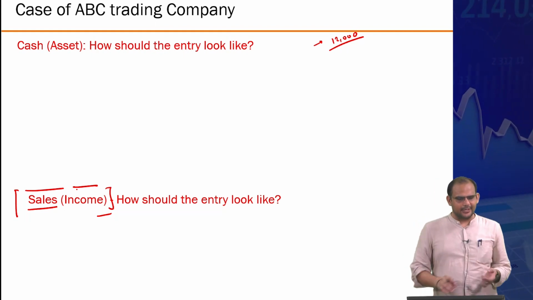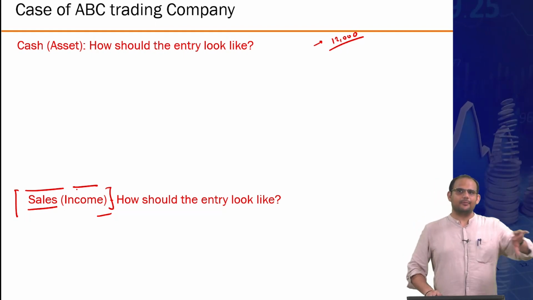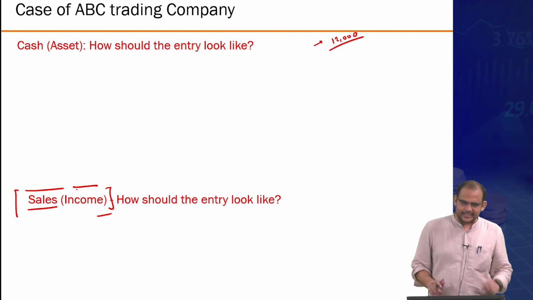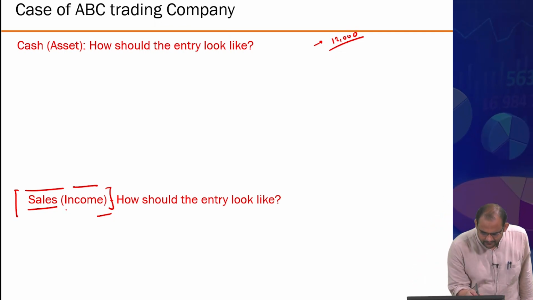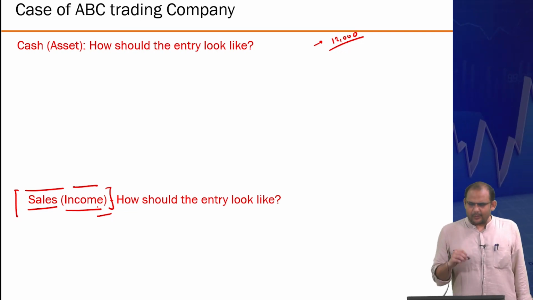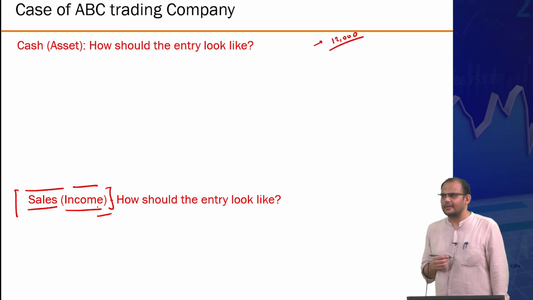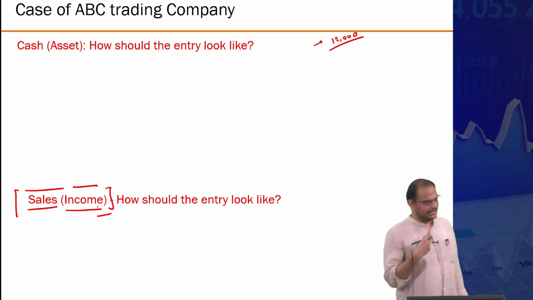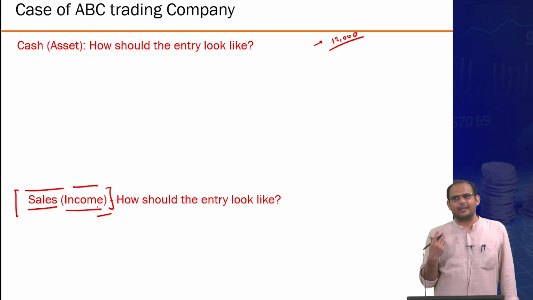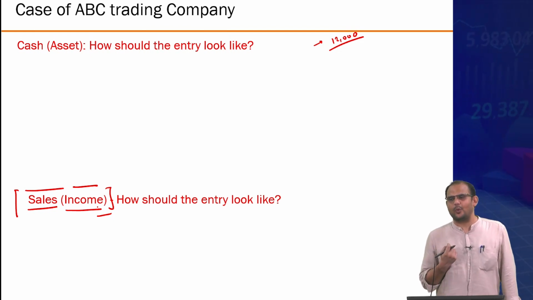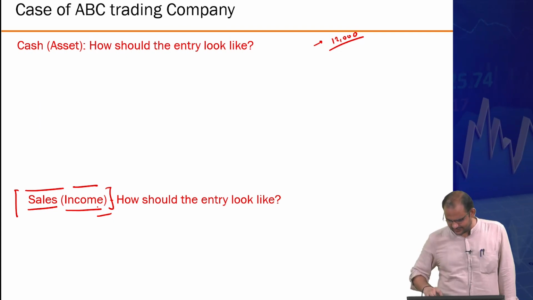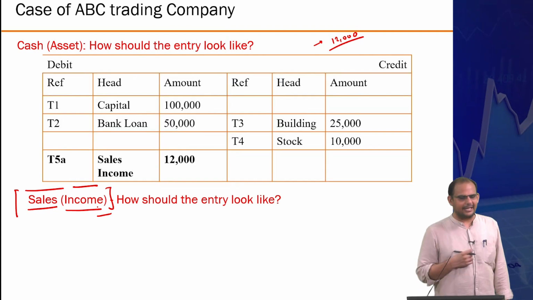And therefore, you do not find a lot of information in the balance sheet, but a lot more detail in the T ledger side. So this is a sales account, which is of income type, right? What is happening to income? Increasing by how much? 12,000. Increase in income goes on what side? Credit side. So this is how the entry looks.